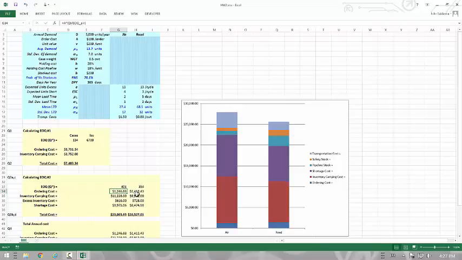I've named these cells, so here you can see this is EOQ air and this is EOQ road. So when I calculate, you can see the highlighting of the respective cells for calculating the costs.